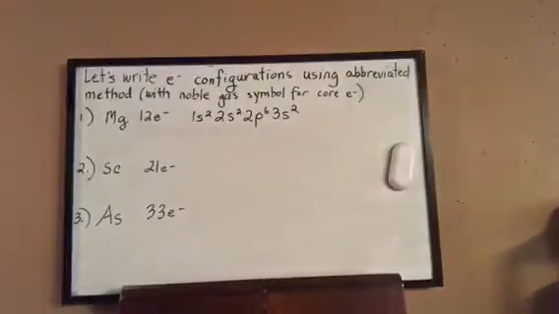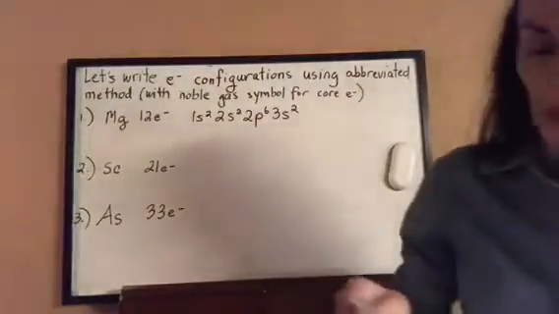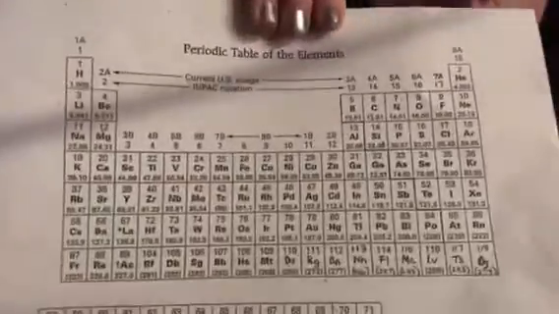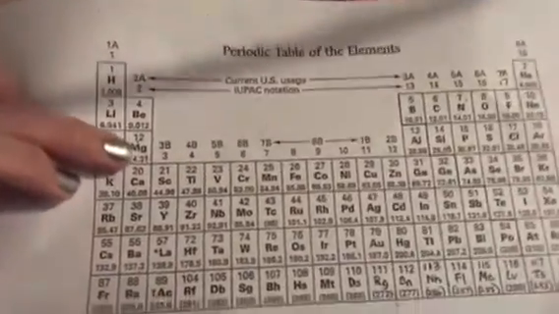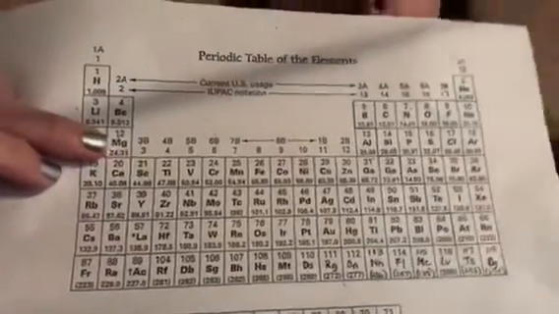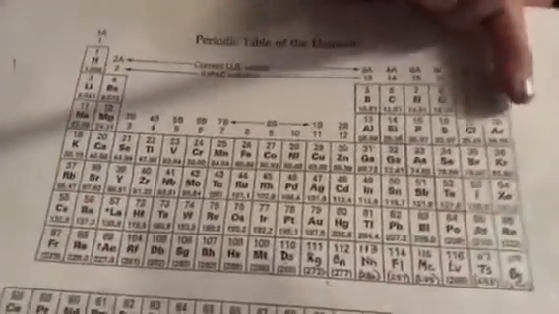What is the noble gas that precedes magnesium? If you look on your periodic table, the one that I gave out in class, we find magnesium, and the noble gas that comes before it would be neon.